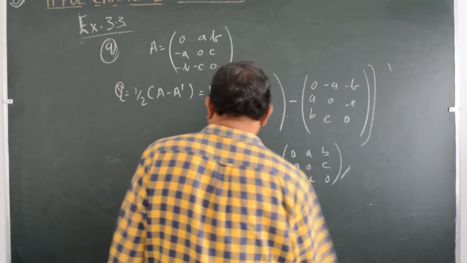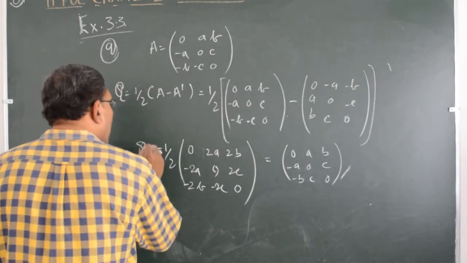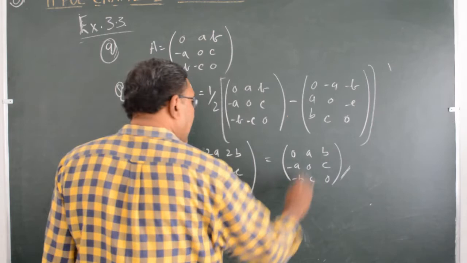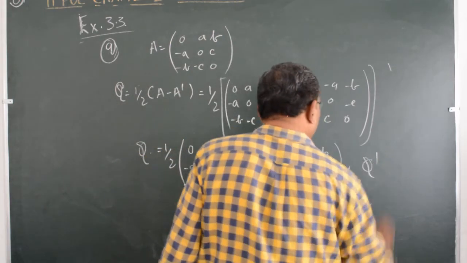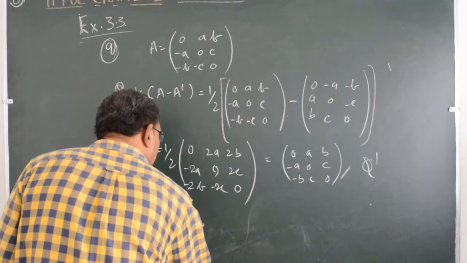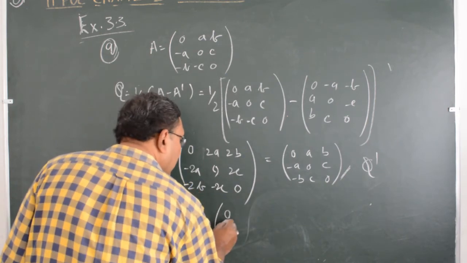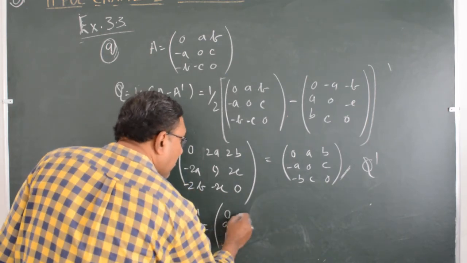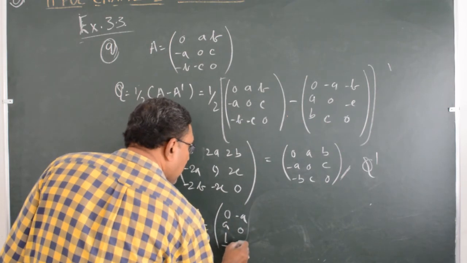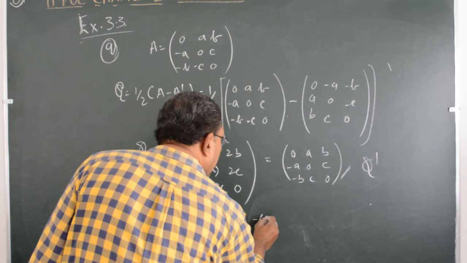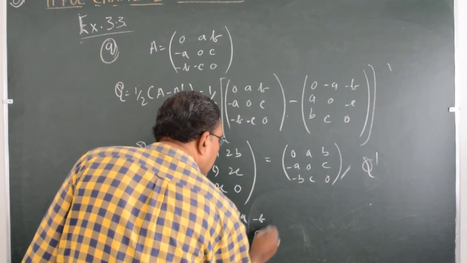This is my Q. Let us see what happens if I take the transpose, Q transpose. When I take the transpose, Q transpose will be, written in the same order, 0 minus a minus b, a 0 minus c, b c 0.